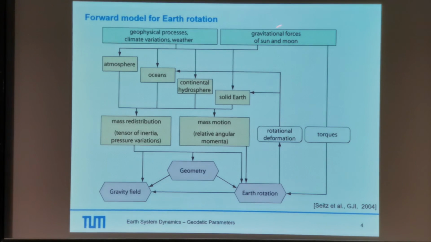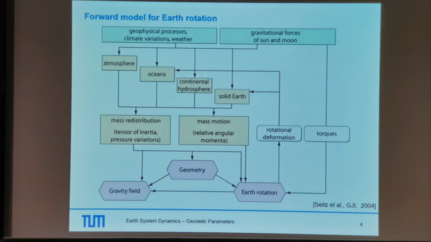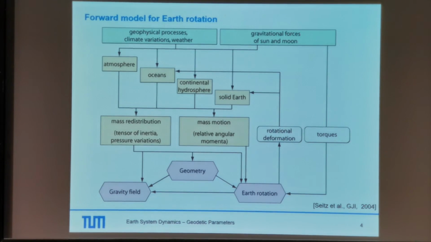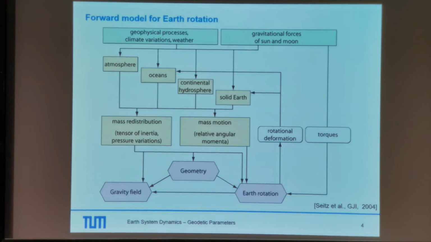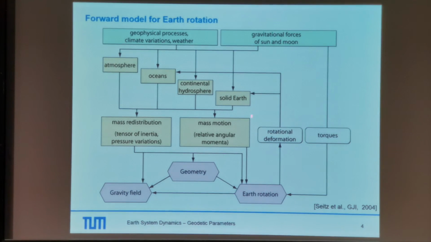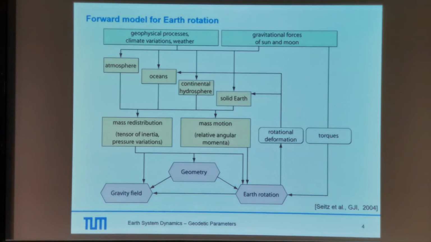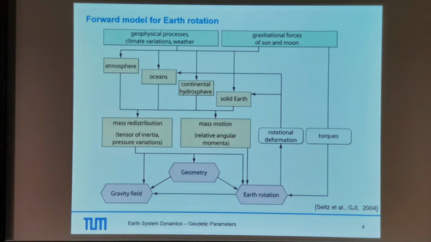Then we have the gravitational forces of the sun and the moon, which are also causing atmospheric tides, oceanic tides, solid Earth tides, and to a certain extent also influence the continental hydrosphere. So also gravitational forces cause variations of the mass redistribution and the mass motion, and then affect the three pillars of geodesy.